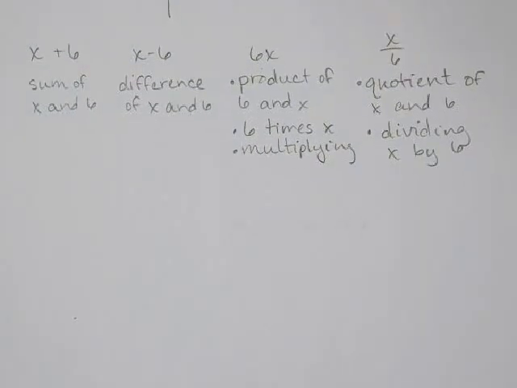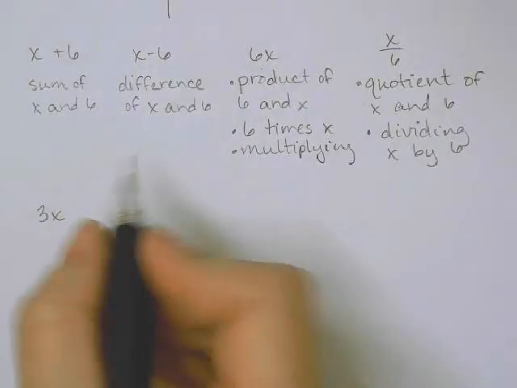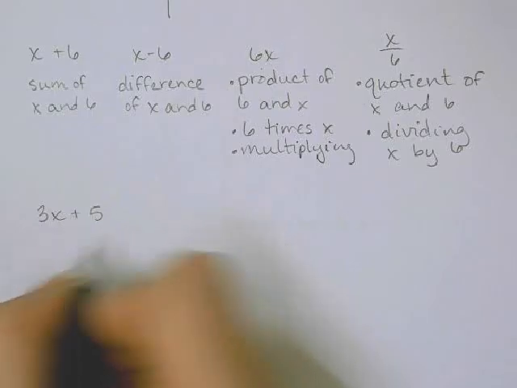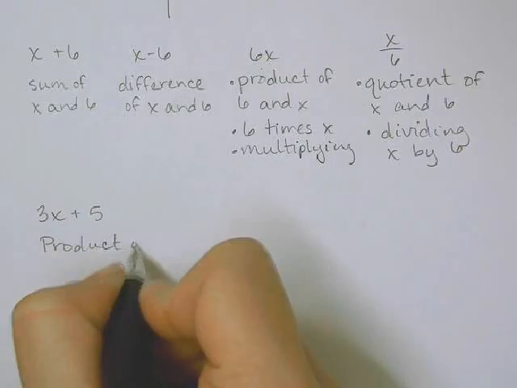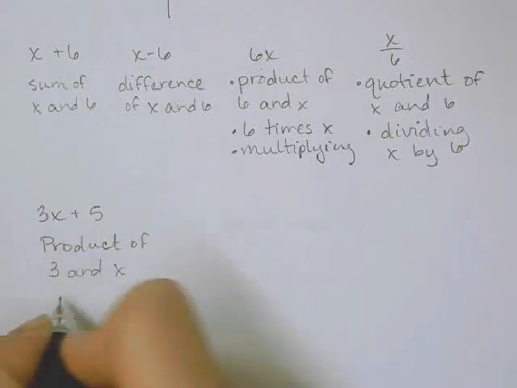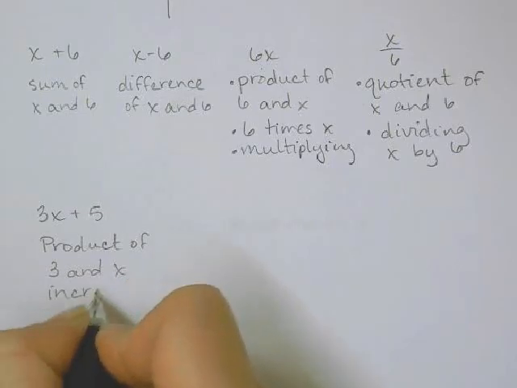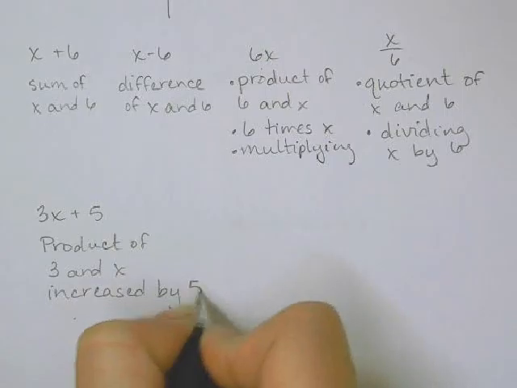Moving this down a little, some more not complicated, but some further expressions. 3x plus 5 is the product of 3 and x increased by 5.